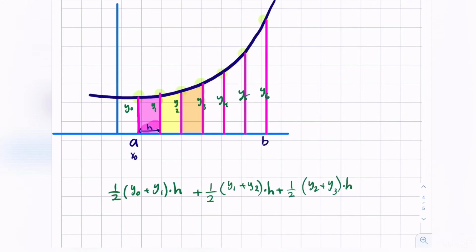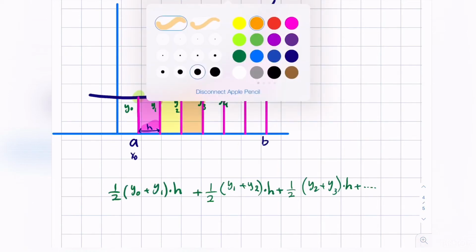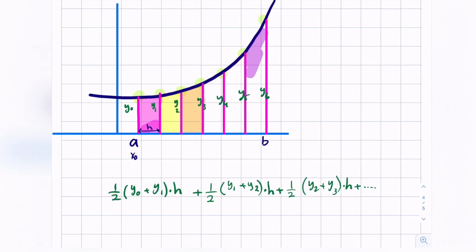And you carry on until you reach the last strip. I'm not going to write them all, I just want you to get the idea. So until we get the last one here, it's going to be plus 1/2, and then y5 plus y6 times h.